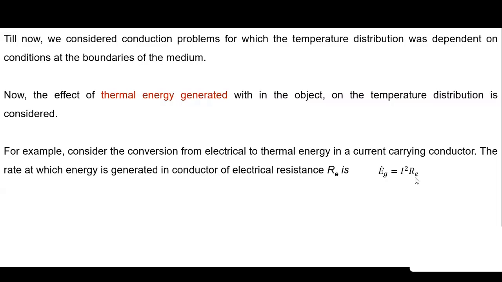So square of current into the electrical resistance is the amount of energy generated in watt for any electrical resistive circuit.